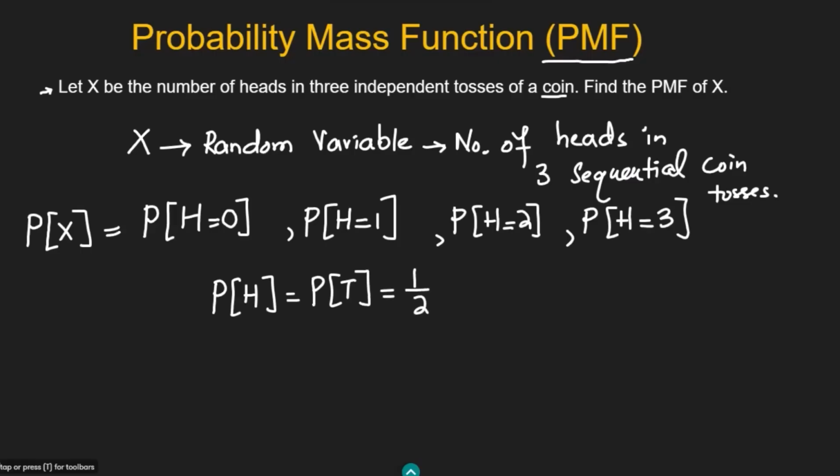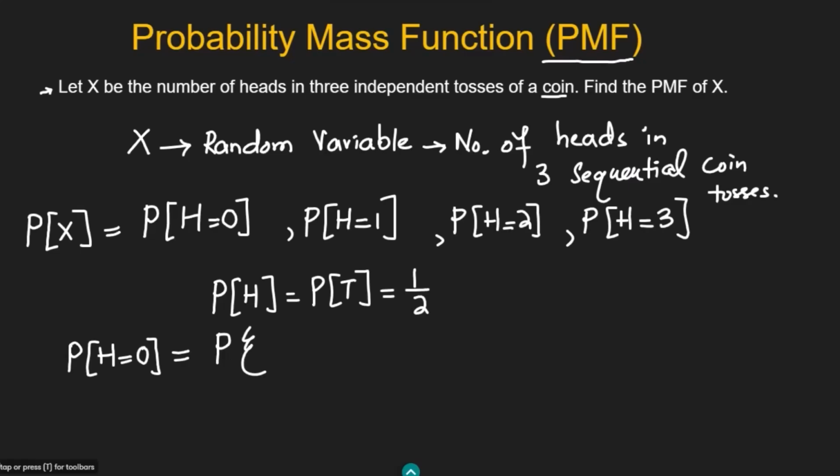So we have to find out the probability that heads is equal to 0. So here how many items would I have? Let me find out.